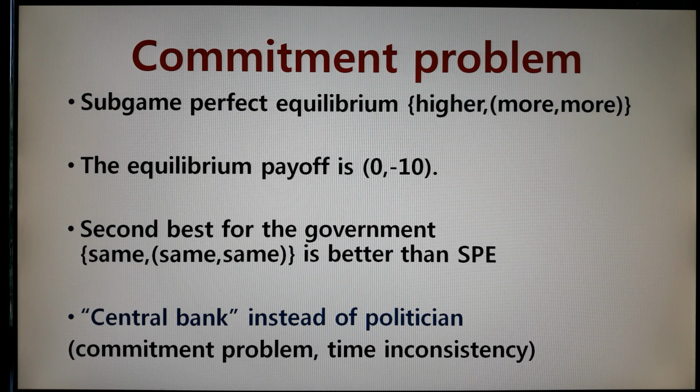Their terms are longer, like 7 years for the chair of the Federal Reserve Board, like Ben Bernanke. On the other hand, the presidents are only 4 years. So once you appoint the central bank chief, then the president cannot change him or her.